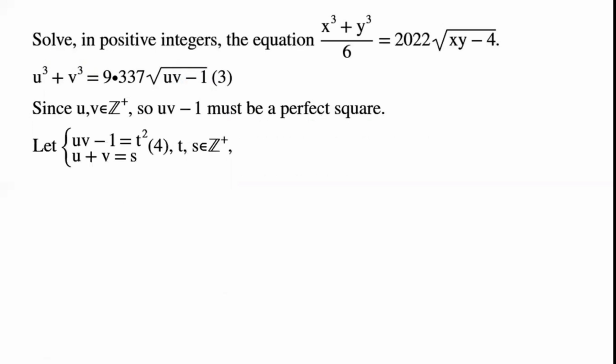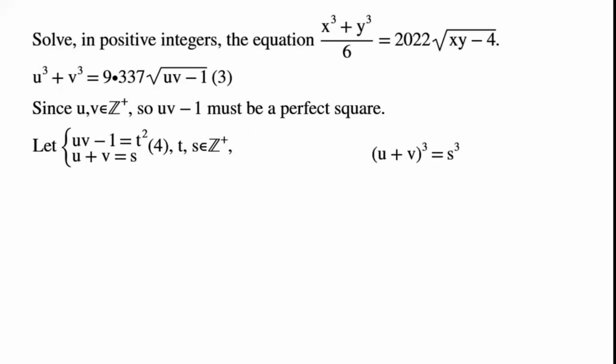Let uv minus 1 equal t squared, u plus v equal s. t, s are positive integers.